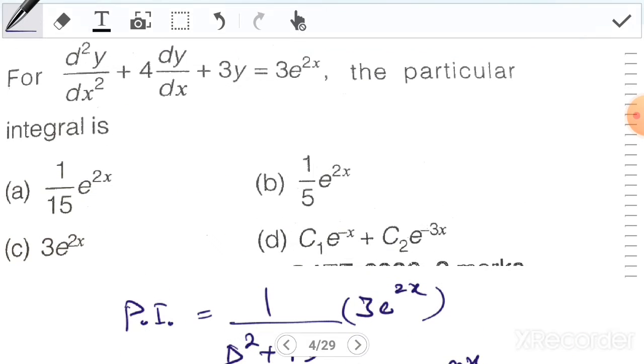Okay. So B is the right answer. Let's go to the next problem.